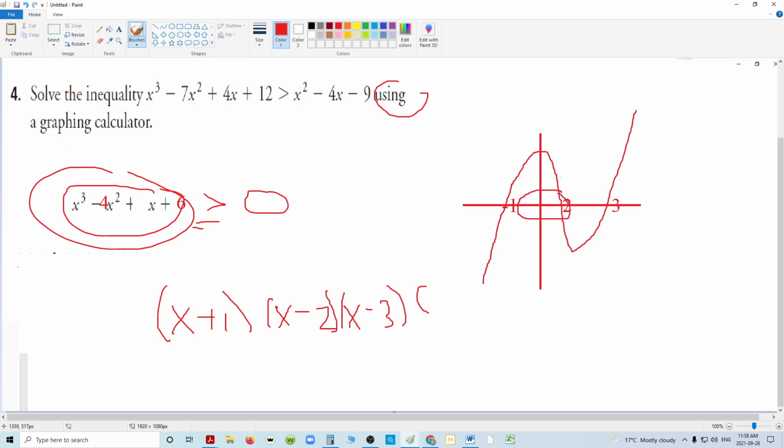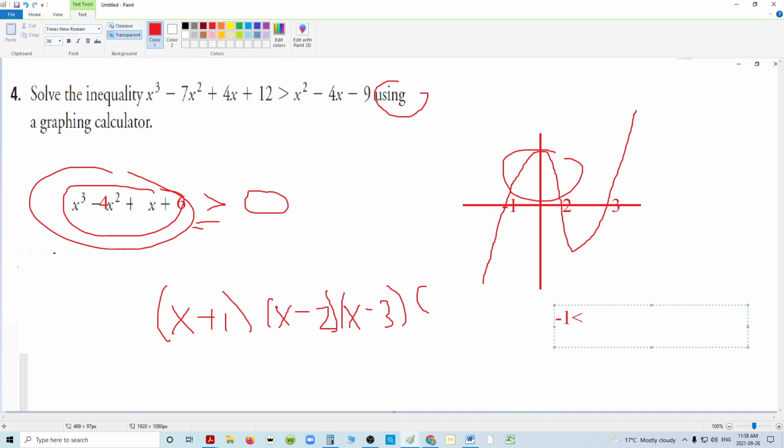So now I know that these are the areas above 0. So right away I know that when x is between minus 1 and 2, only, not equal because I want it above only, or when x is above 3, f of x is above g of x.